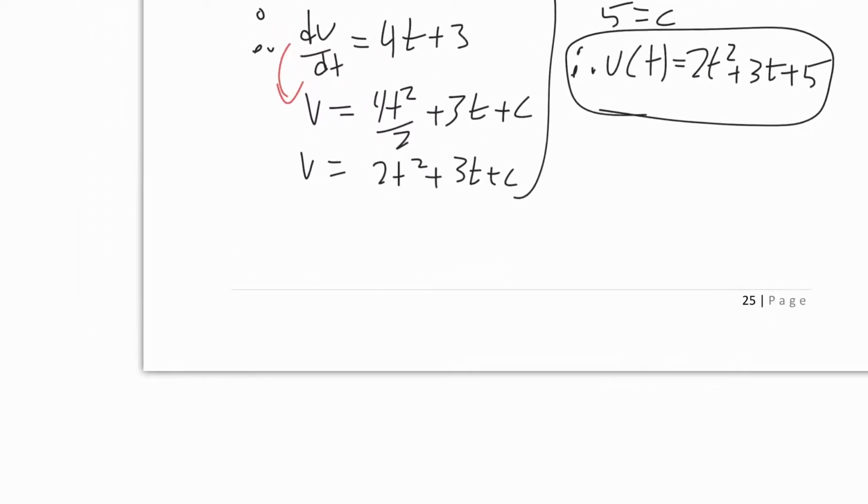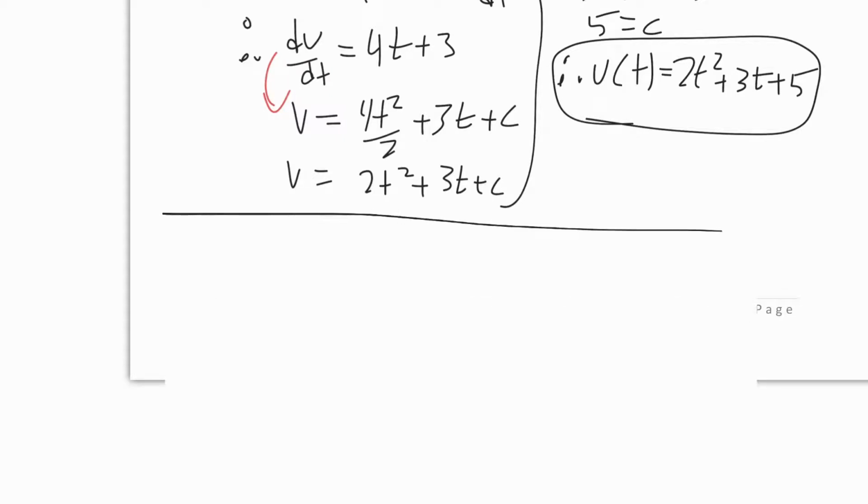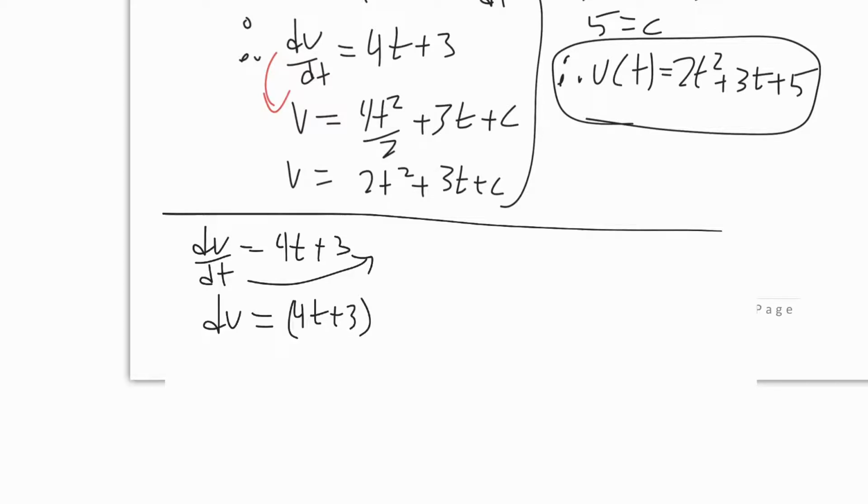So what we could do is instead look at it like this. Let's pretend we had dv dt equal to 4t plus 3. And just for fun, I'm going to multiply both sides by dt. So I'm cross-multiplying, or I'm moving up the dt, and I get dv equals 4t plus 3 times dt.